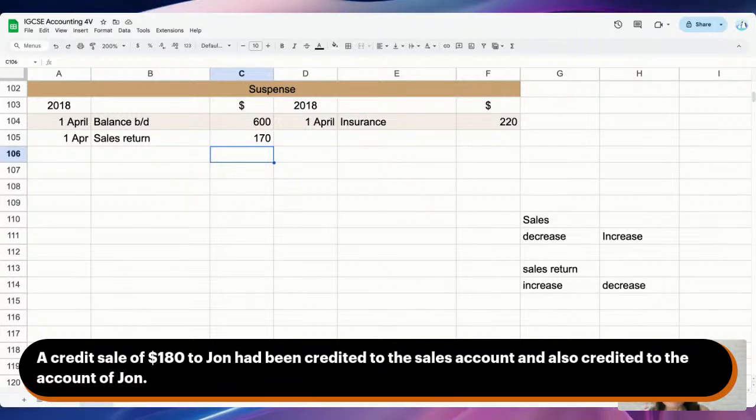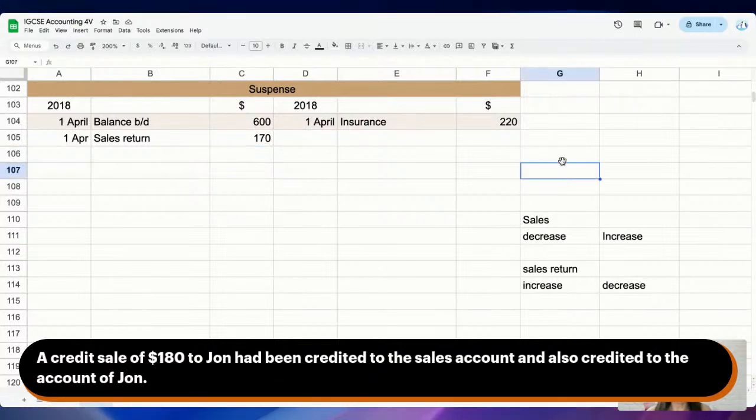John as a customer should be accounts receivable. Accounts receivable by right is on the debit side. Remember, it is an asset, so it is the debit side. But unfortunately, this person went and credited it. So it's wrong, all right? By right, we should do it differently.